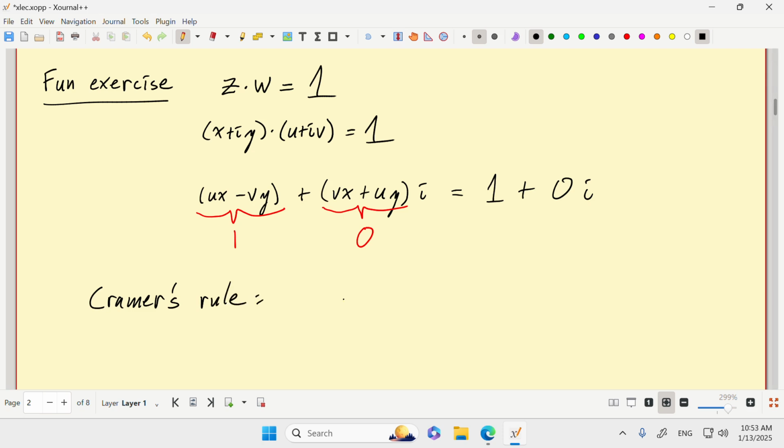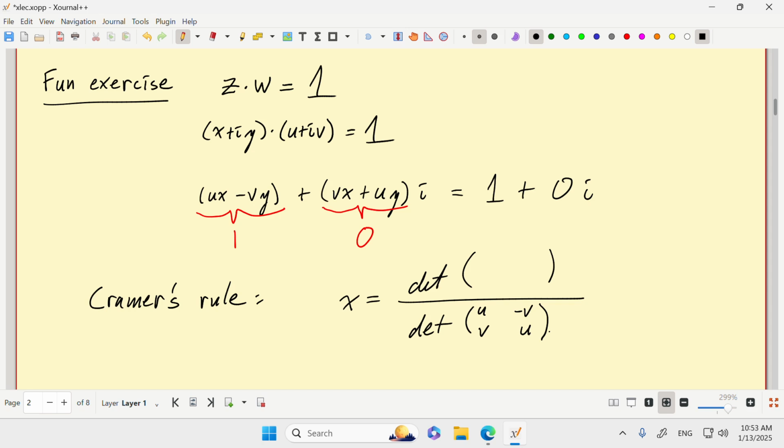When you do that, the thing that's going to be in the bottom is the determinant of u, minus v, v, u. That thing in the bottom is going to pop up again and again in the course. It's very related to the Cauchy-Riemann equations. We'll see it pop up again later.